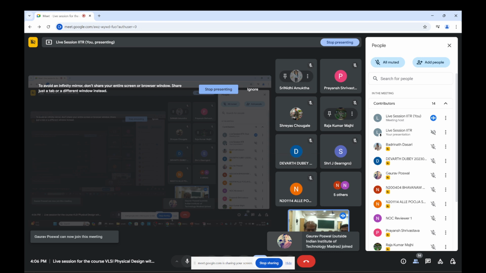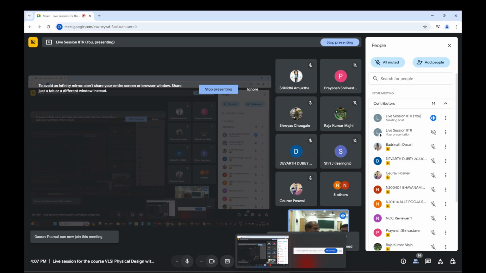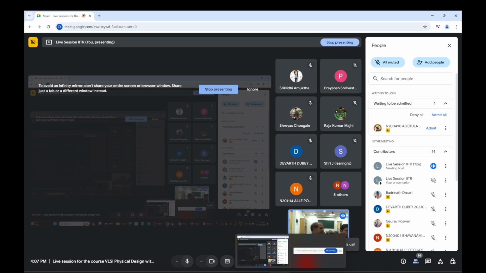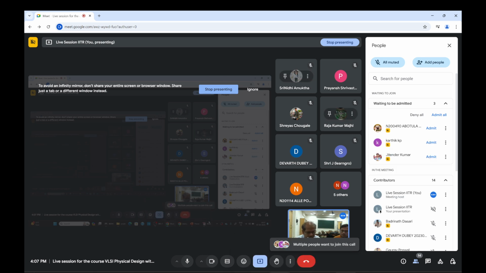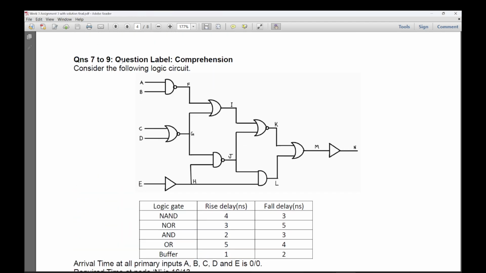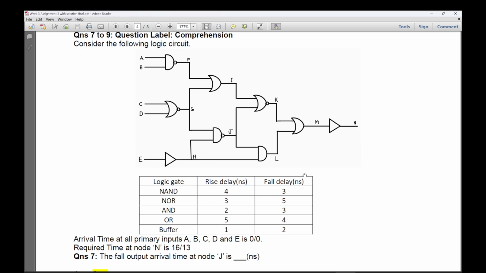Okay, so basically there was a question in week 3, assignment 3, questions 7 to 9. If we go to this question, this is the circuit diagram, and this is the delay of all the logic gates.